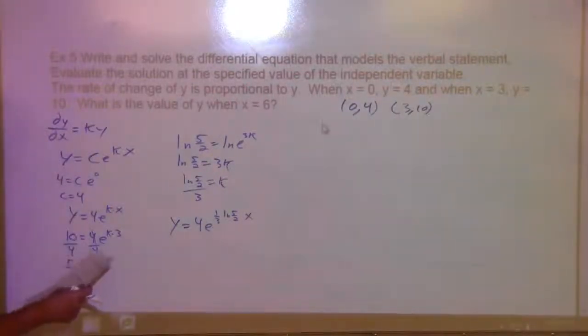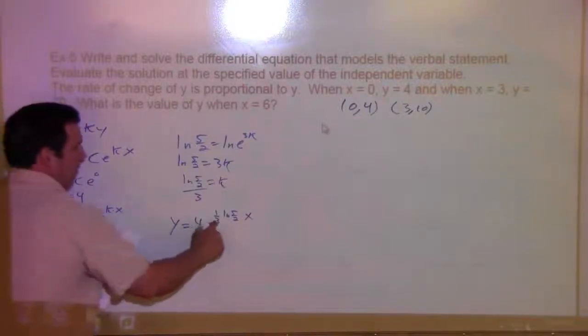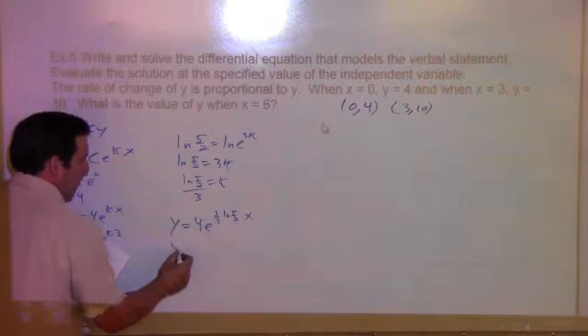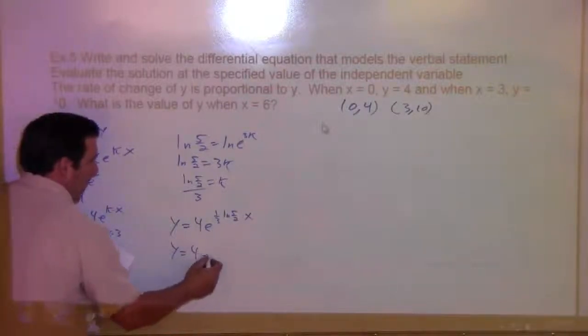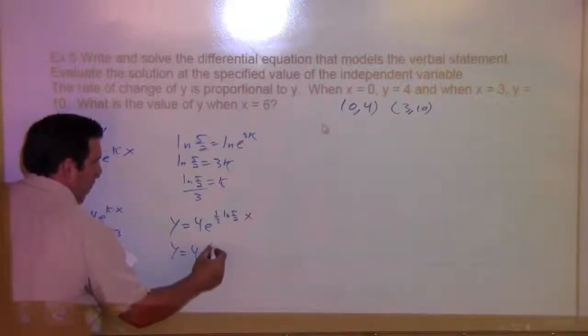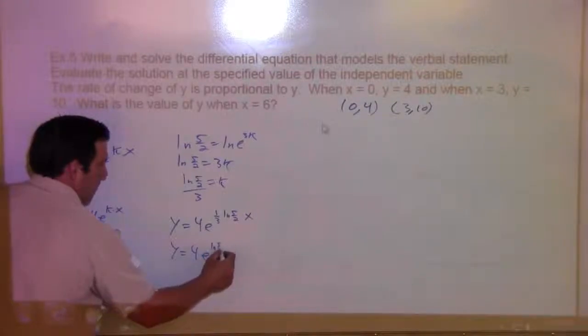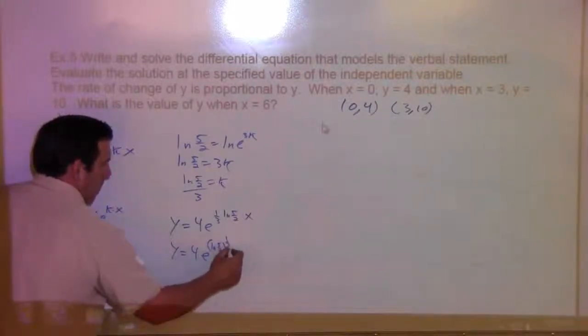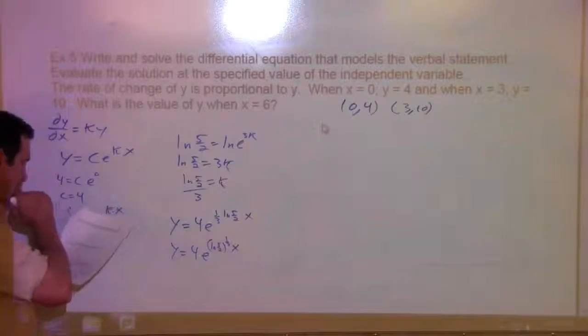Now, we could take this a step further. This coefficient can become a power for the natural log, so y equals 4e to the natural log of 5 halves to the 1/3 power times x.